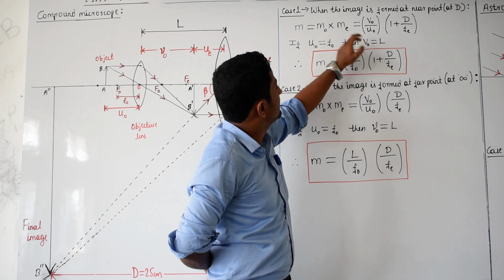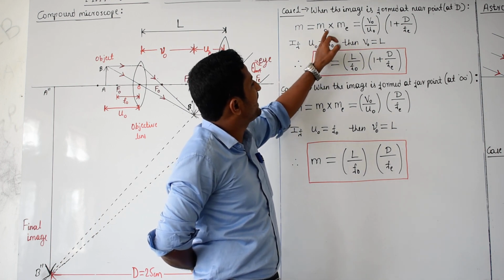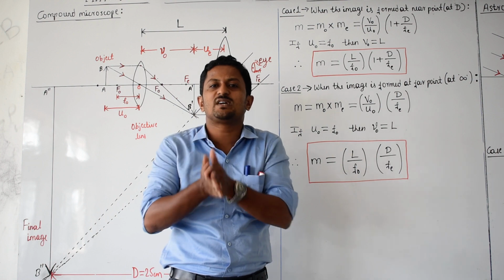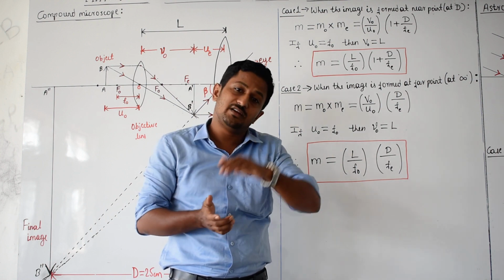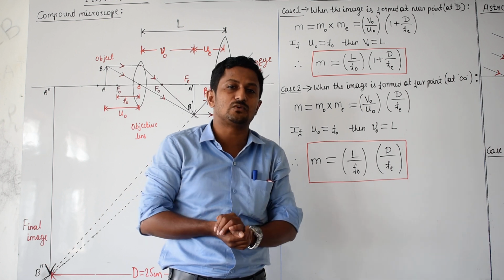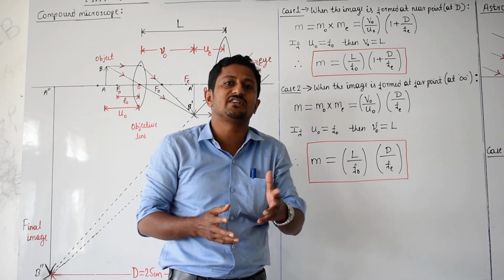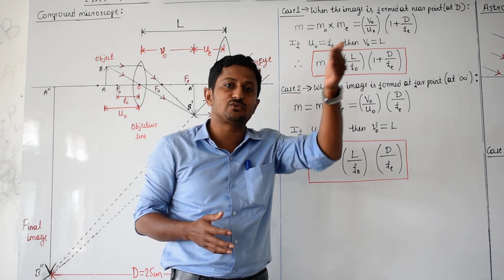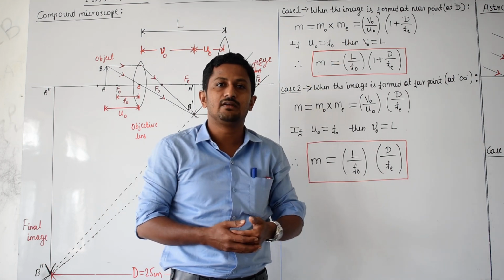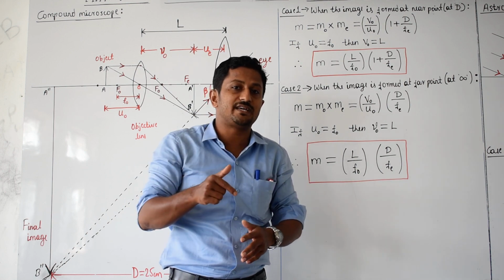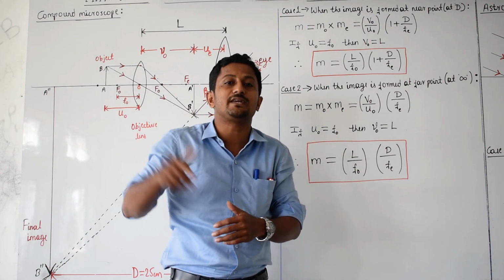Look here, that we already know: the magnifying power of one single biconvex lens. In the previous class we discussed that. M, that magnification, we generally defined as the ratio of the height of the image to the height of the object, or even we defined it as h dash by h, which we have taken as v by u.